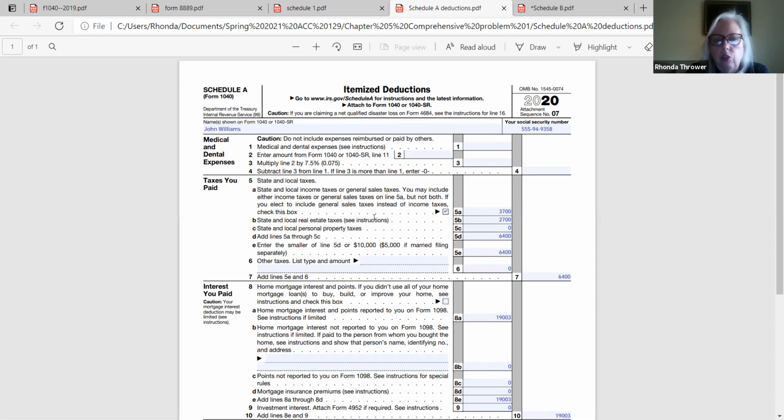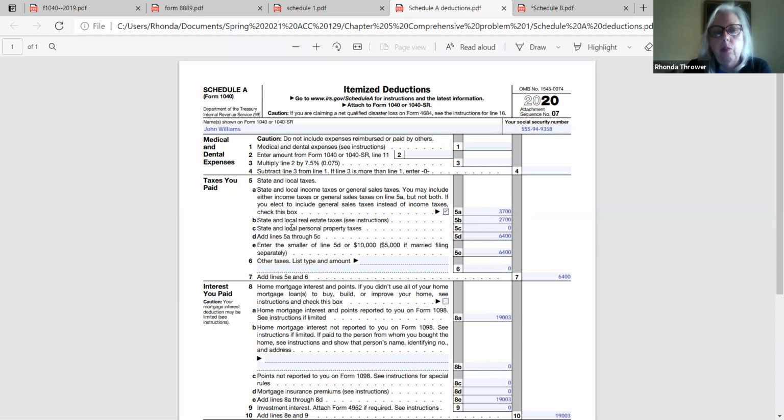So we're going to use the general sales tax, and we're going to select this box here, check it off, and then we're going to add the amount, which was $3,700, and that was given in the third paragraph of your instructions, where it says in 2019, John purchased a new car. So he kept track of his sales tax receipts during the year. His actual sales tax paid was $3,700. That's where I'm getting that amount.